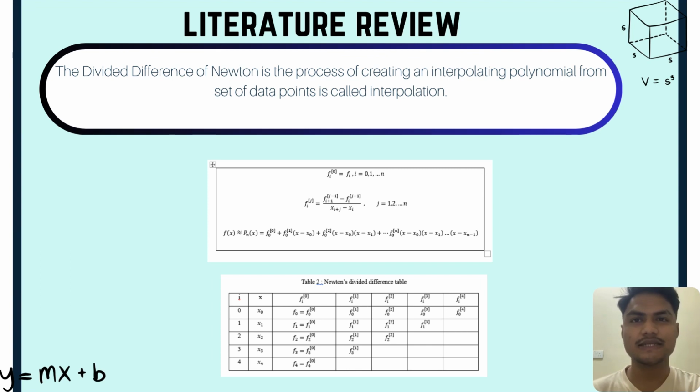So for this case, we have to use the Newton divided difference method. As you can see, the formula below is one example for the Newton divided difference method, and the second picture is the Newton divided difference table. We have to use the table so that we can get the answer.